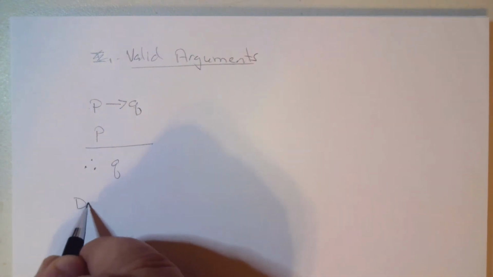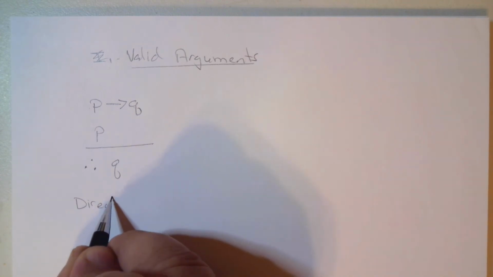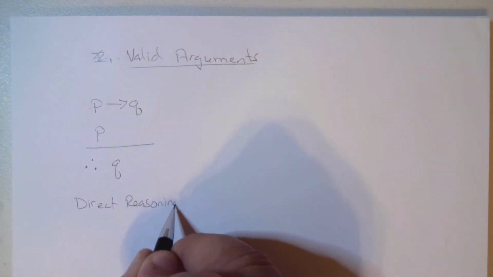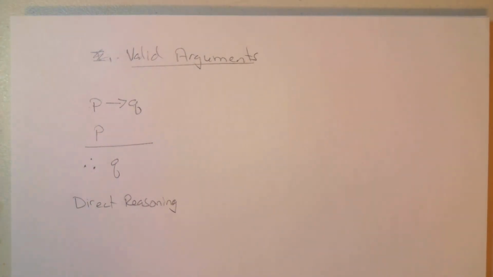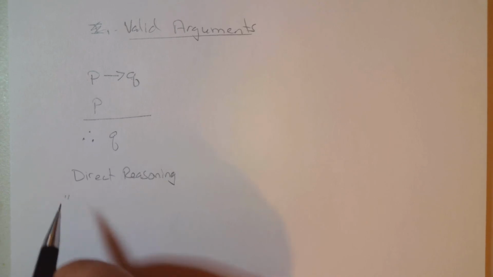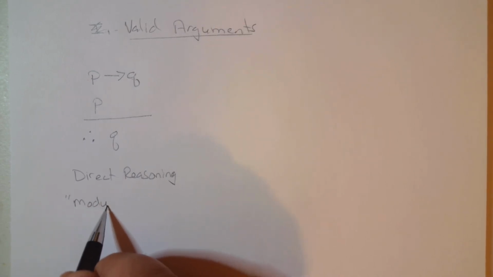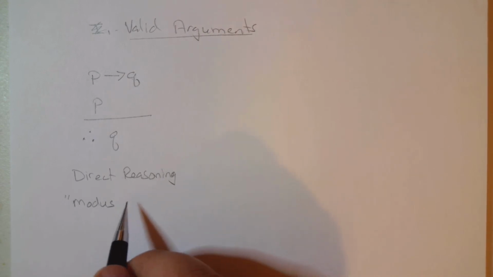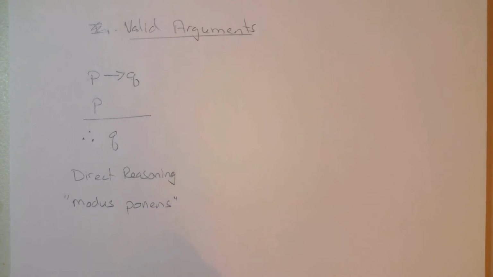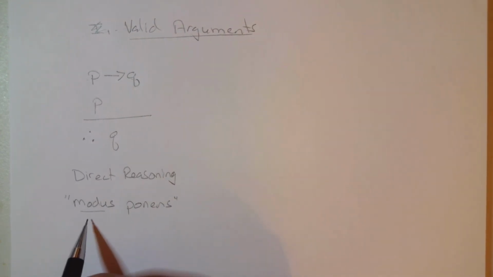This is called an argument of direct reasoning. This is one of the oldest ones. It started back with Aristotle, when he first started discussing logic and forms of logic. In Latin, it's called modus ponens. Modus means method, ponens means direct. So direct method.